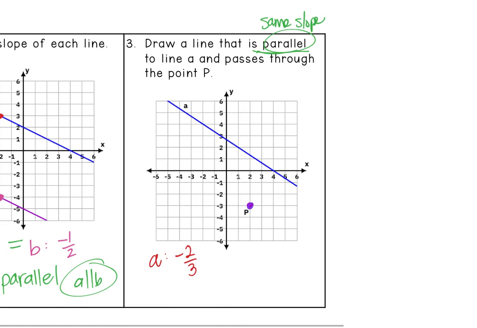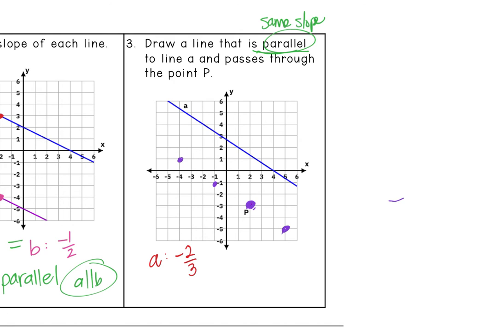Okay, so starting at that point, we're gonna count the slope that we got. So down 2 over 3. So that would be another point. And then I'm going to work backwards a little bit. So it'd be 2, 3, 2, 3, just counting the dots.